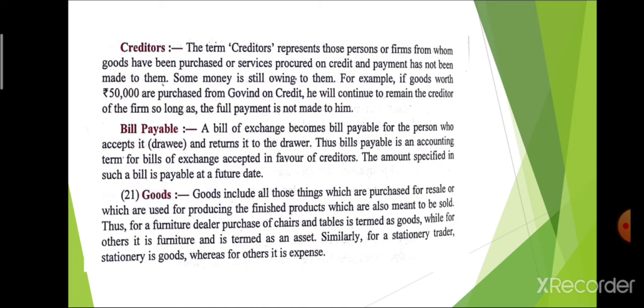Here one example is given. A furniture dealer purchased chairs and tables, which is termed as goods, because the person did not purchase the furniture for consumption purpose. That person purchased the furniture for resale purpose. So that is considered as goods.